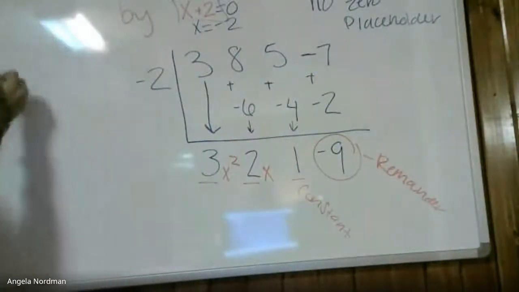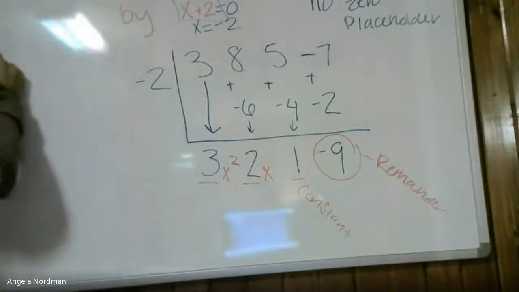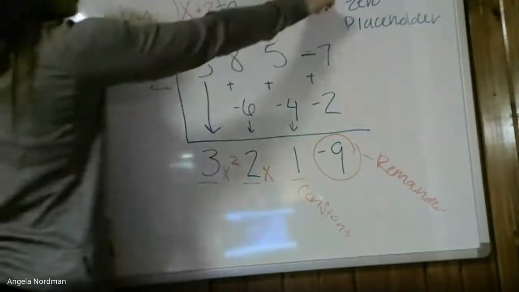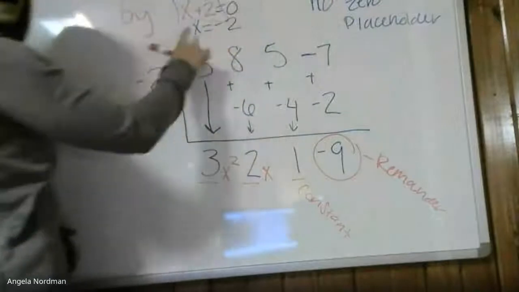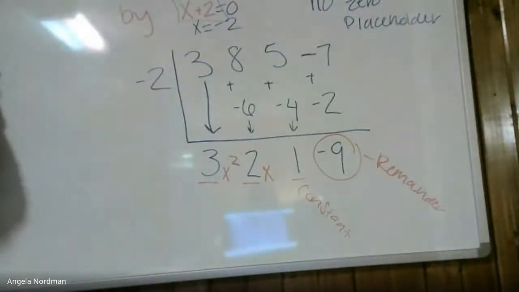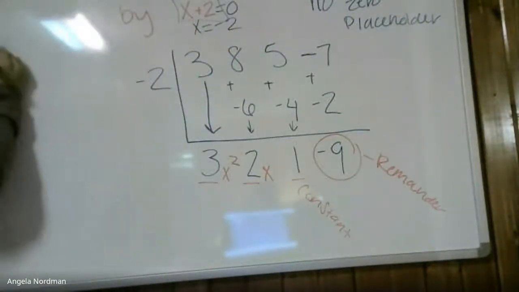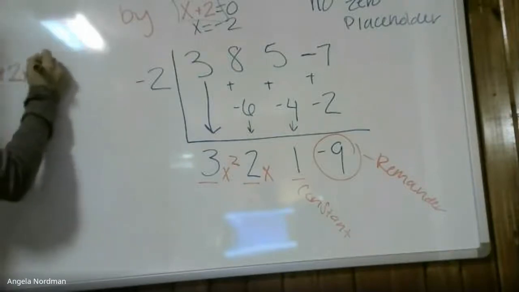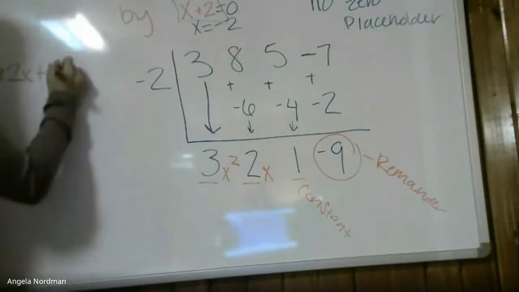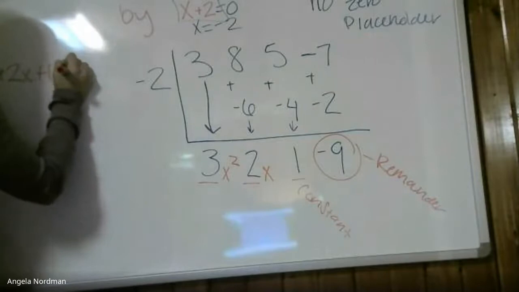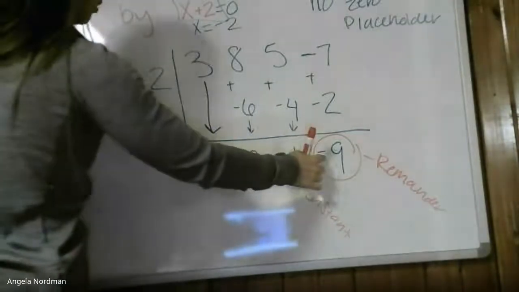So if I write this all out, I would have that my starting polynomial divided by that x plus 2 gives me 3x squared plus 2x plus 1 minus, right, this remainder.